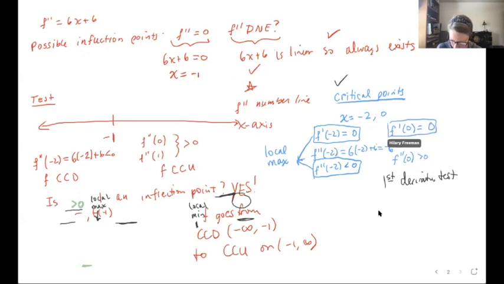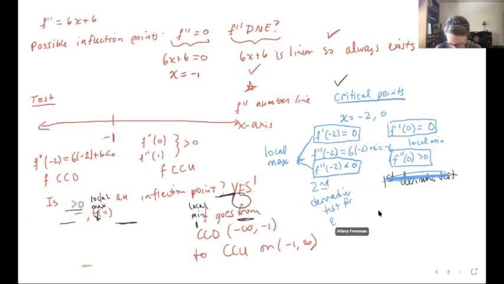In this case, we have horizontal tangent line, and then the positive tells us that we're concave up, right? Maybe I could do it this way. Right? Horizontal tangent line plus concave up implies that we have a local min. And that is an example of the second derivative test for extreme values.